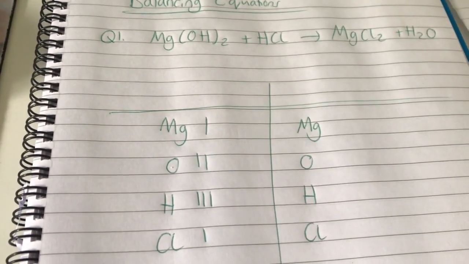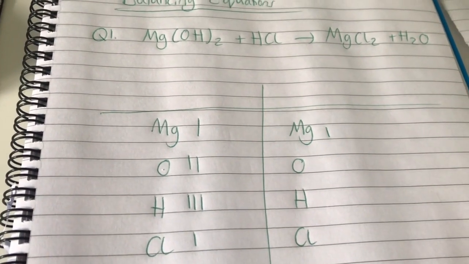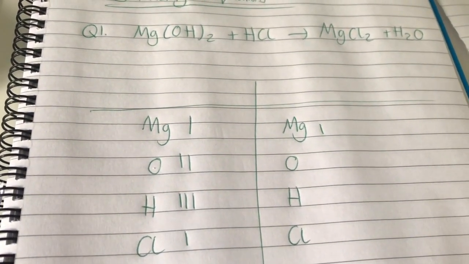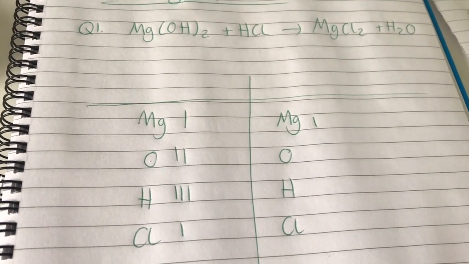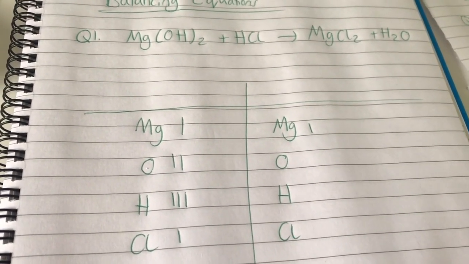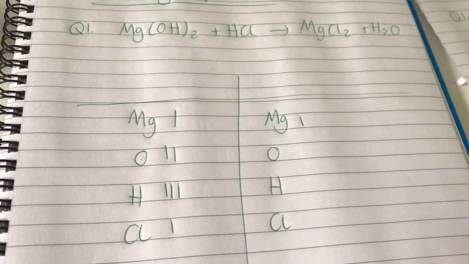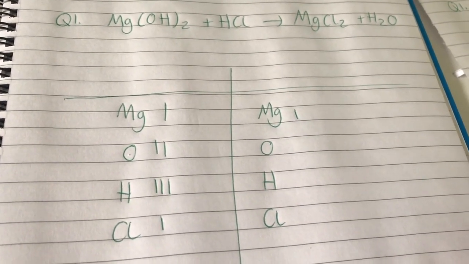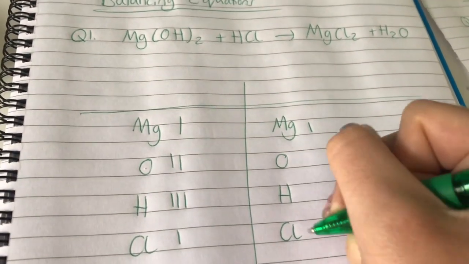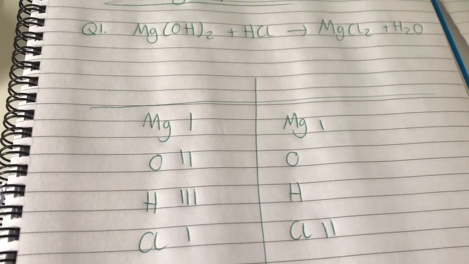And then we look at our other side, our product side. How much magnesium do I have? I've just got 1. That little 2 on the chlorine only corresponds to the element that is directly before it. Only when it's in brackets would a little number correspond to the letter before it, essentially, a big letter, because that would indicate an element.